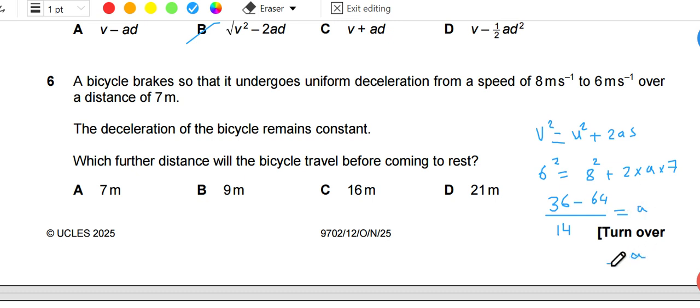This answer will give a to be minus 2 meters per second squared. Certainly the minus here means negative acceleration.